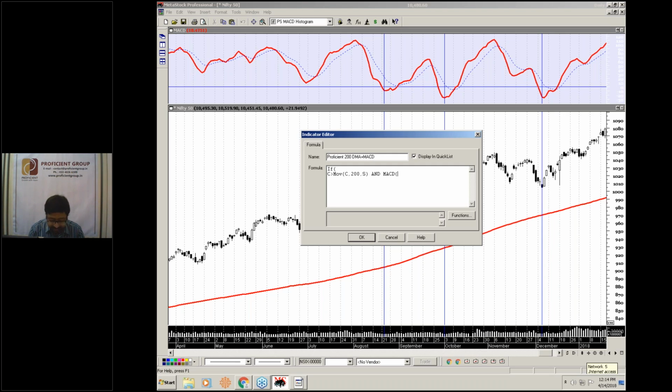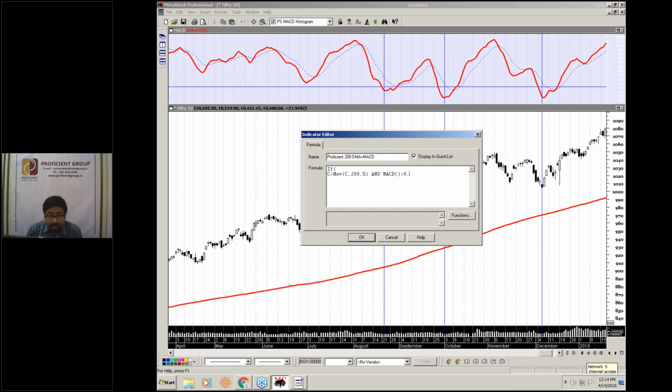And MACD, this is the function of MACD. Whenever we are writing MACD, we have to open and close a bracket to make Metastock understand that we are using the normal default values of MACD. So if closing price is greater than the 200-day moving average and MACD is greater than 0, right? So this is my condition.